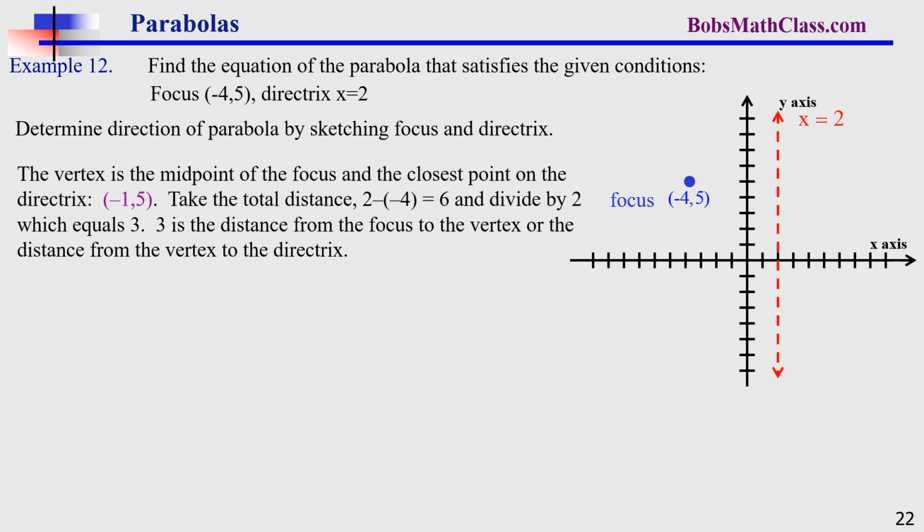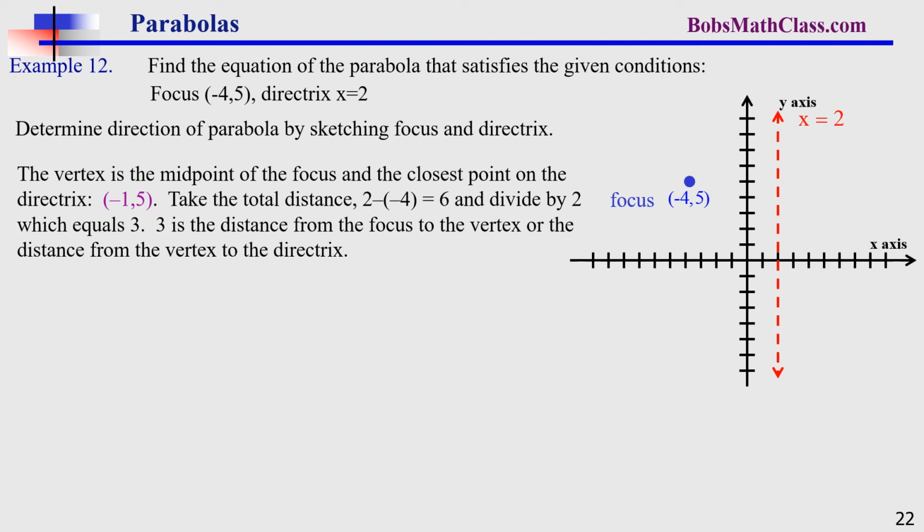We're trying to find the distance from negative 4 to 2. So from negative 4 to 2 is how many units? That's right, 6 units. Negative 4 to 0 would be 4, and then another 2 units, that would be 6. So what's half of 6? 3.